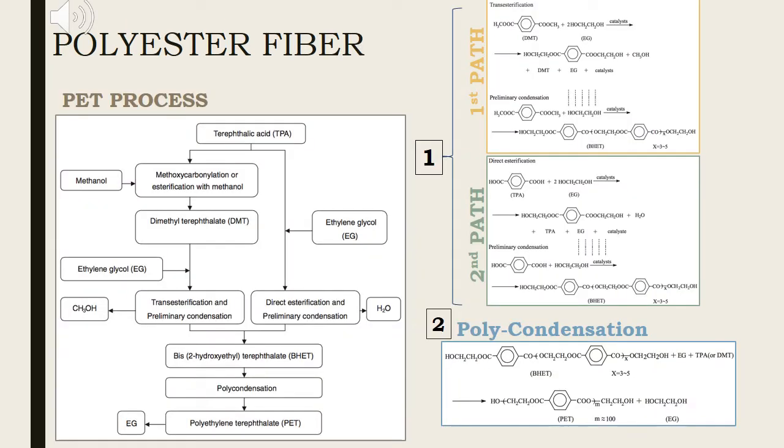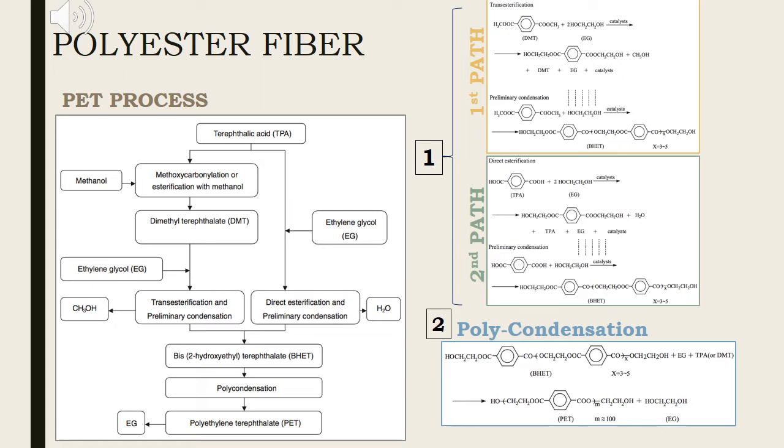In industry, polymerization of aromatic polyethylene terephthalate is carried out in a two-step process. First step is esterification and preliminary condensation, while the second step is polycondensation or melt polymerization.